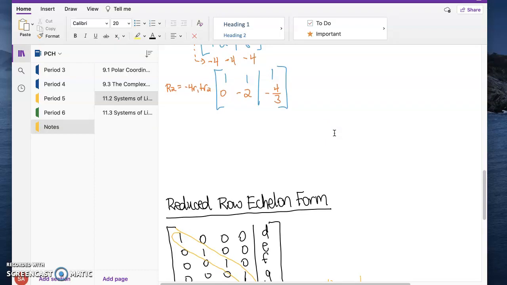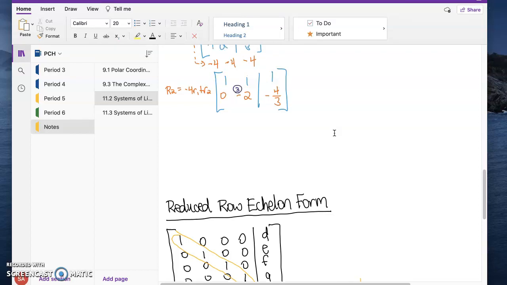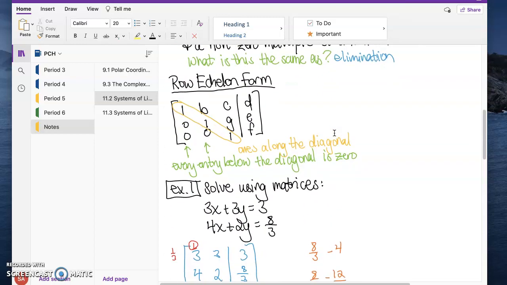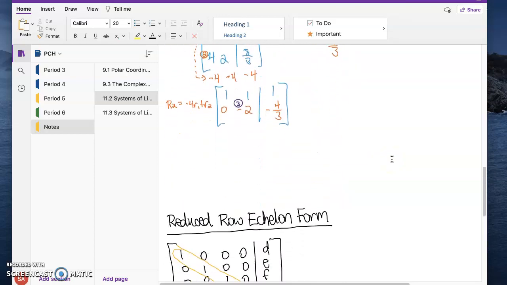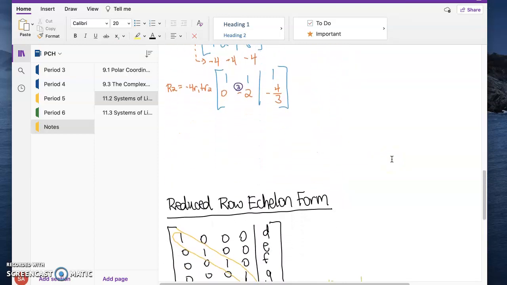That is going to be to finish off that diagonal of 1s. Remember, our goal is 1s along the diagonal and then 0s under the diagonal. So I'm going to create a new row 2 again by multiplying the old row 2 by -1/2.